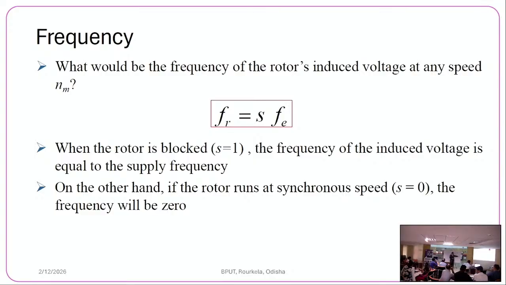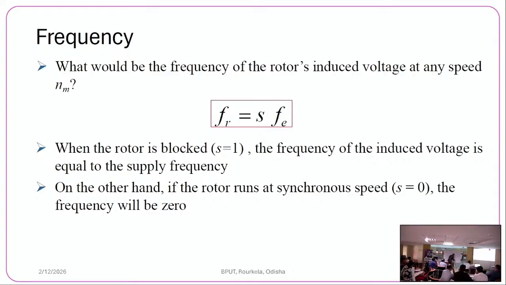So this omega is the electrical speed, and this is the mechanical speed. This is the synchronous speed mechanical, and this is the synchronous speed electrical. Similarly, mechanical speed we also define. This is the actual mechanical speed, synchronous speed minus slip speed.